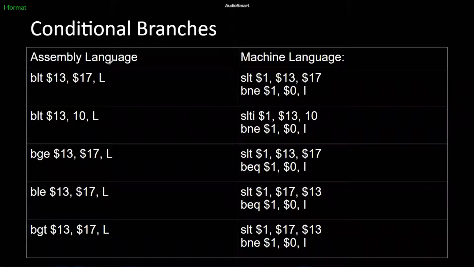We've seen before that there is the assembly language and there is the machine language. So BLE is doing a less or equal. If register 13 is less or equal than register 17, we are jumping to label.